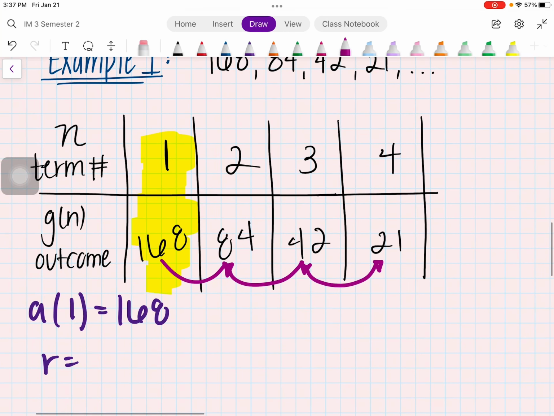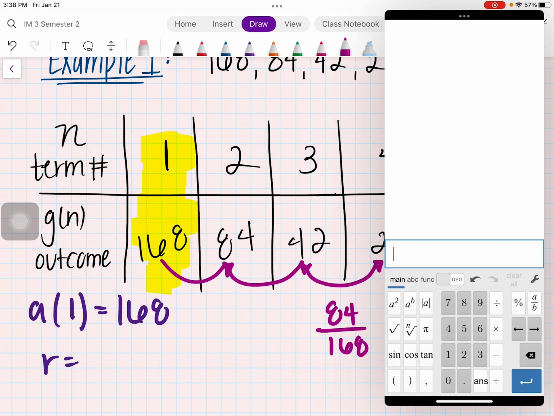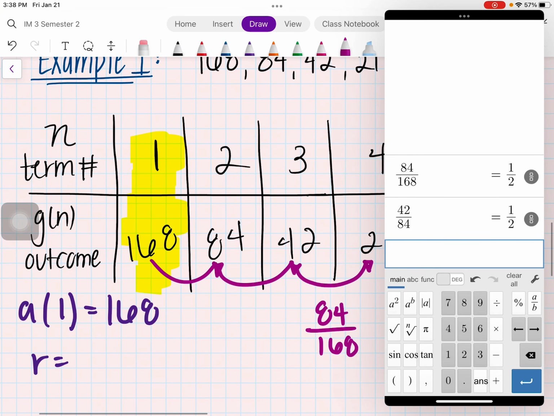Now, we want to see how much is changing each time as we keep on moving. Once again, if we want to find the common ratio, we're going to do the second term divided by the first. So that's going to be 84 divided by 168. 84 divided by 168, that's going to give us 1/2.